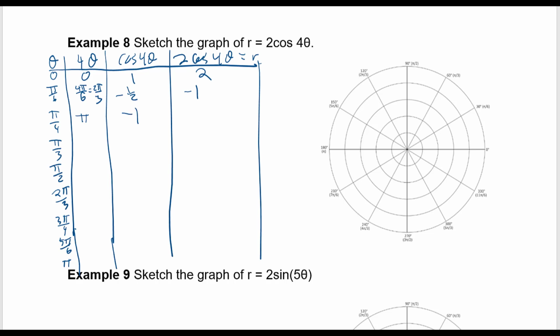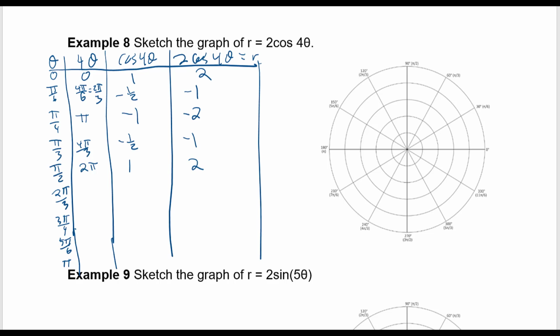Cosine of that is negative 1, and we get a negative 2 out of that. For pi over 3, that's going to be like 4 pi over 3. Cosine of that is negative 1/2. And then we get a negative 1 out of that. For pi over 2, 4 times that is 2 pi. Cosine of that is 1. And then 2 times that is 2.